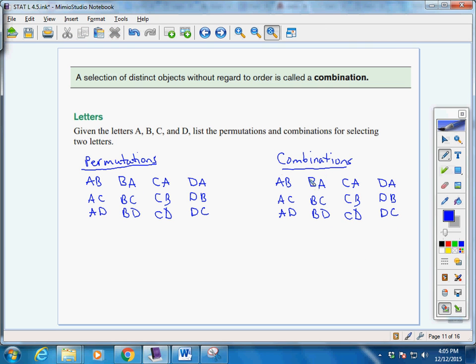AB in a combination is the same thing as BA. AC, same as CA. AD, same as DA. BC and CB. BD and DB. CD and DC. So in this case, with combinations, there are only 6 possible combinations because the ones that are repeated are basically the same thing.